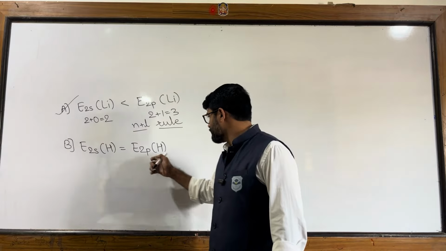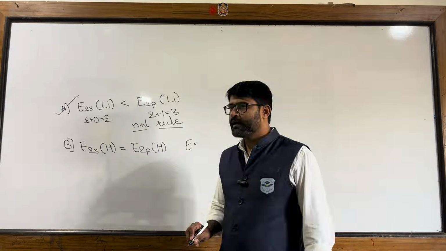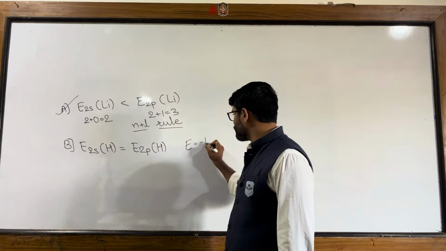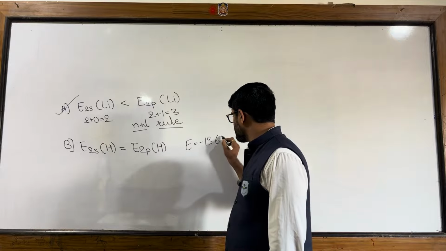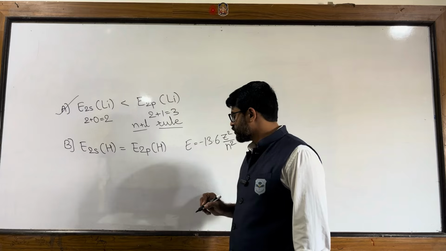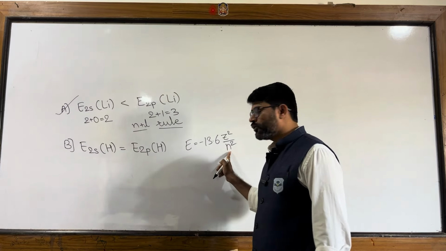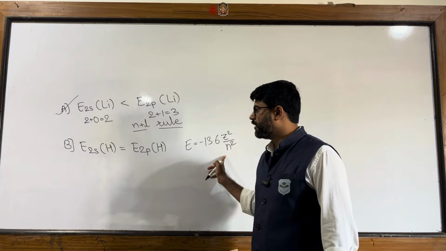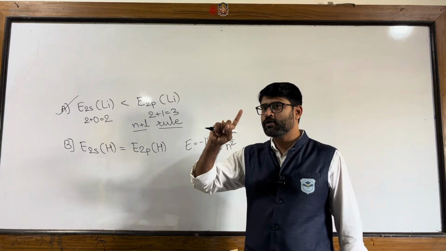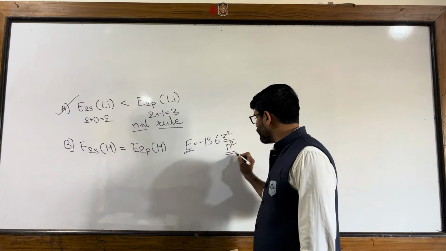So in this case, according to the Bohr model, I can write the energy is equal to minus 13.6 Z square by n square. So the value depends only on the value of n and not on the value of l. So for one electron species, value of energy depends only on the value of n.